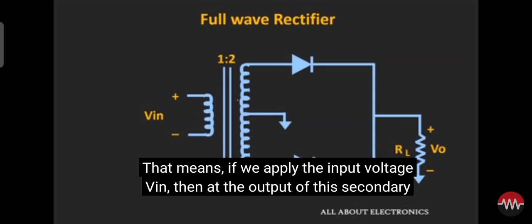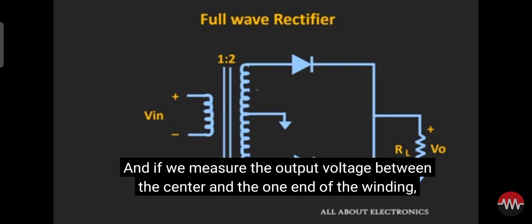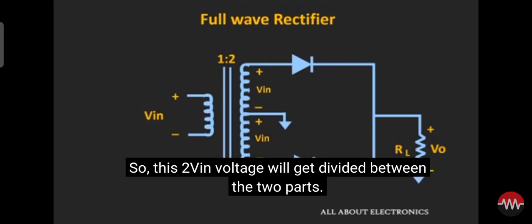That means if we apply the input voltage Vin, then at the output of this secondary winding we will get 2 times Vin. And if we measure the output voltage between the center and one end of the winding, it will be equal to Vin. So this 2Vin voltage will get divided between the two parts.